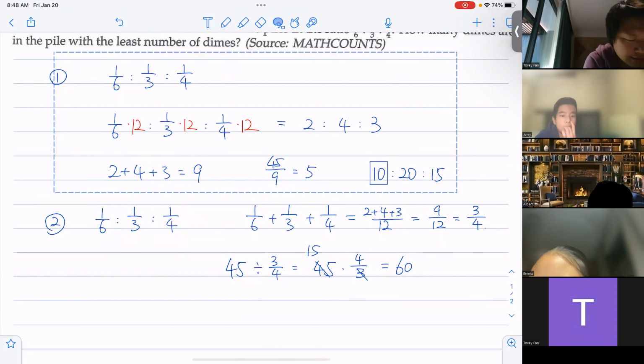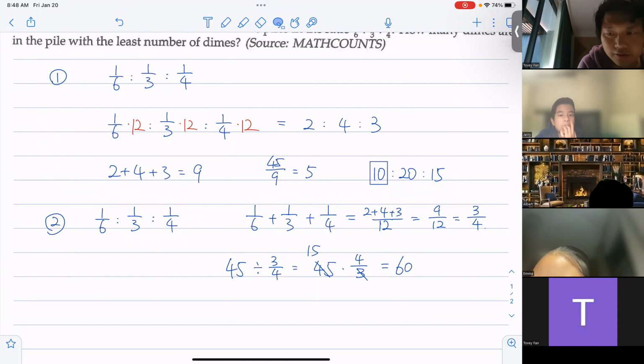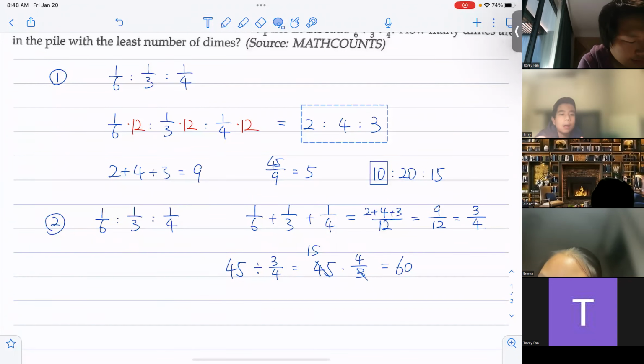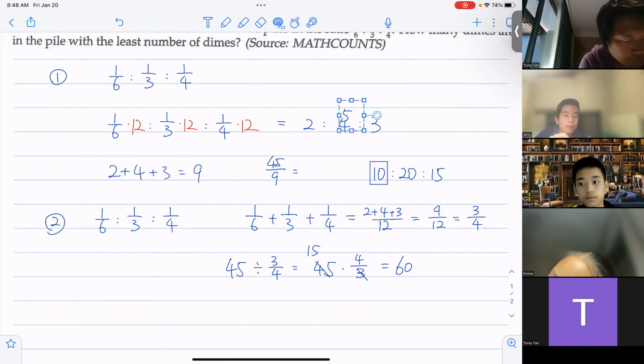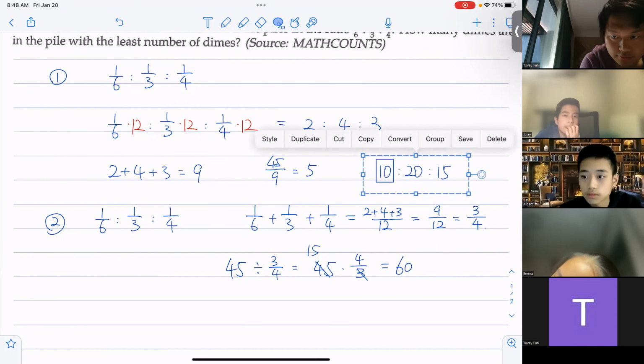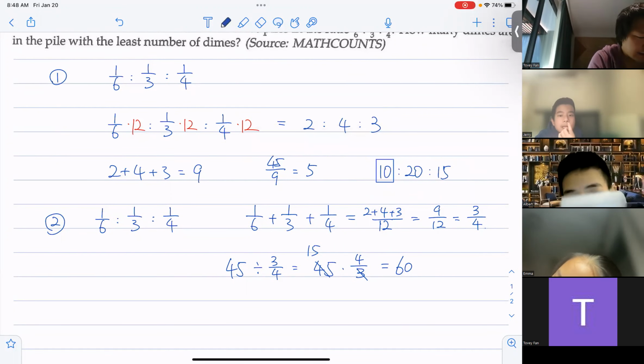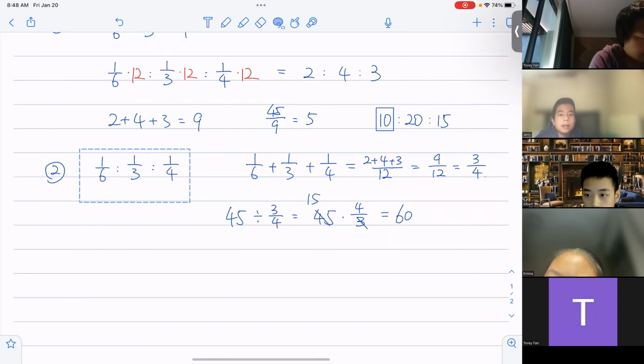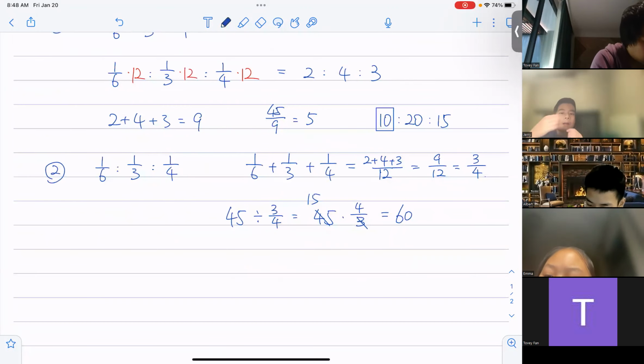Just exactly the same as when we are dealing with integers, right? Dealing with integers, you add them up, you divide, you find out each part, and you times this part back to 2, back to 4, back to 3. You find out the exact numbers. So here you do the same thing. Here you times this 60 back to these 3 fractions.